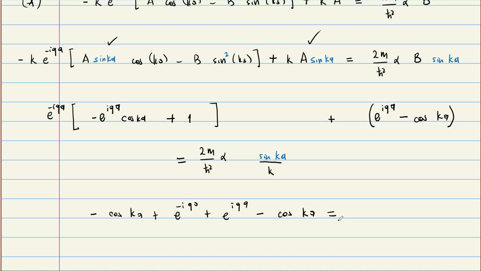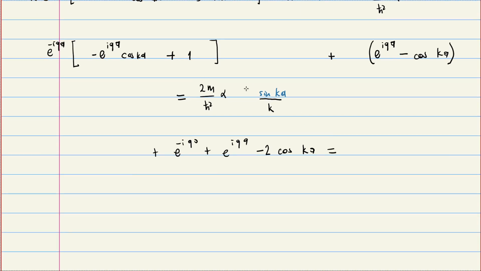This is minus minus, I'll write minus 2 of these, and so this is equal to this part. This is sine Ka over K, and this one is cosine 2Qa, so this is 2 cosine Qa, cancel these 2's. Okay, not bad.